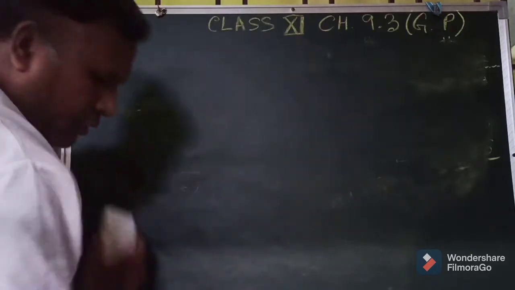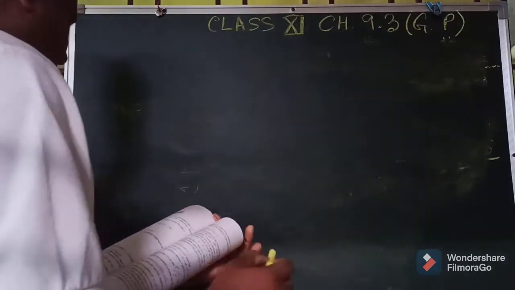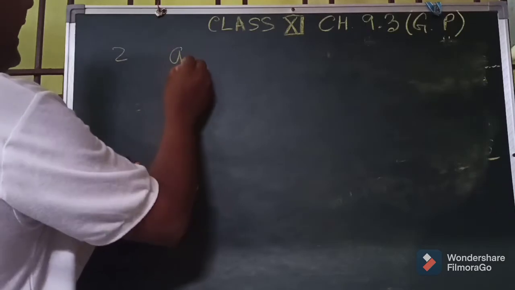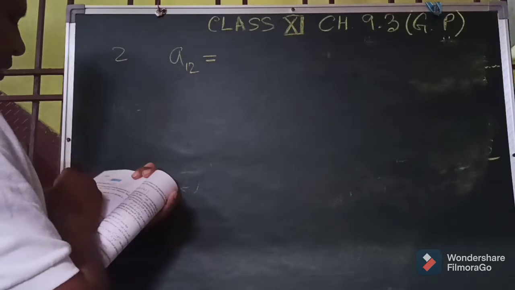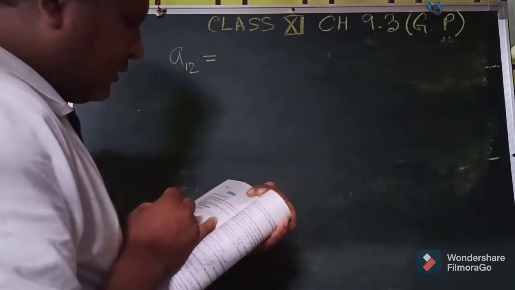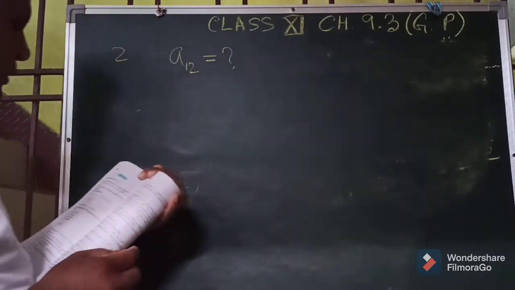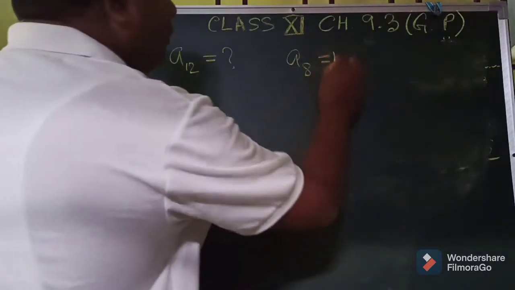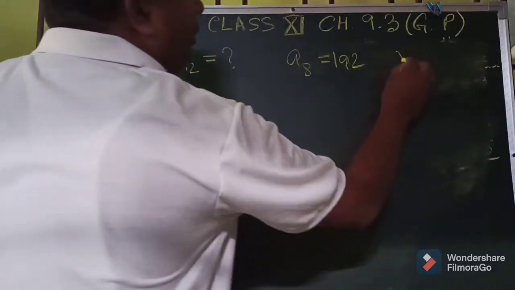Let's see question number 2. Find the 12th term, that means A12, of a GP whose 8th term, that means A8, is 192 and common ratio is 2.